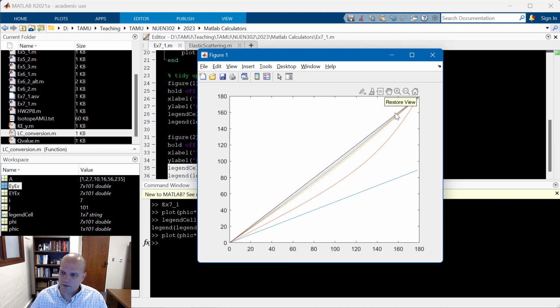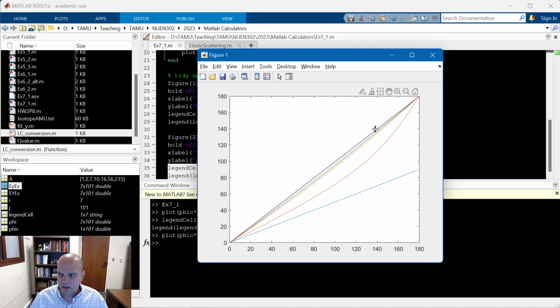And only when I get to really small mass numbers is there an appreciable change there. But no matter what the mass number is, even for appreciable changes, at the two extremes, at 180 and 0, I have the same scattering angle, irrespective of which frame I happen to be in.